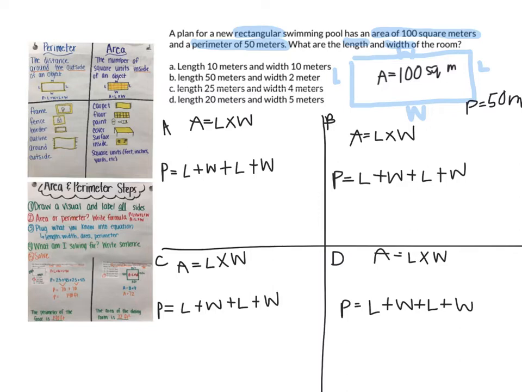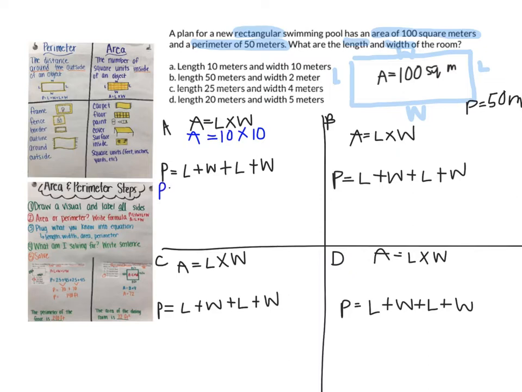So first, looking at answer choice A, we have a length of 10 meters and a width of 10 meters. So I can plug those into my formula. Area equals length is 10 times width is also 10. Next, let's plug it into our perimeter formula.